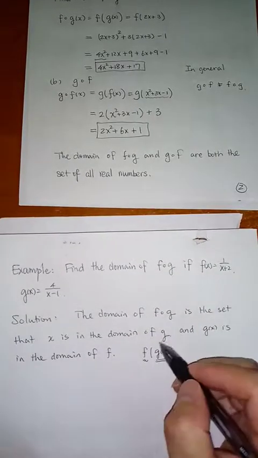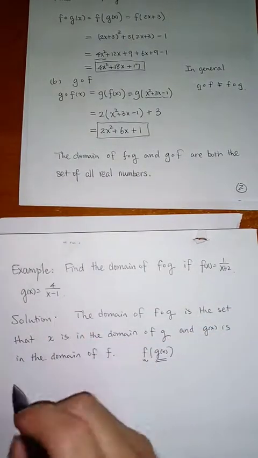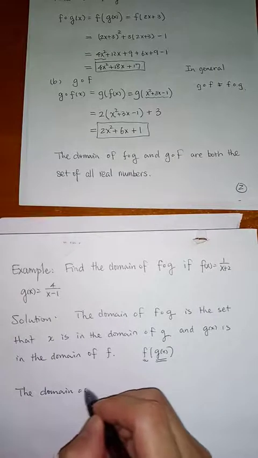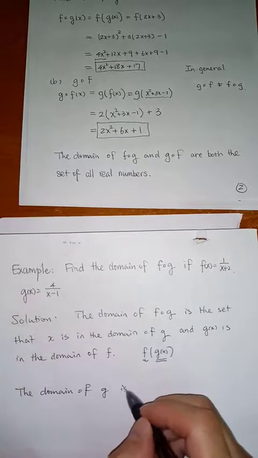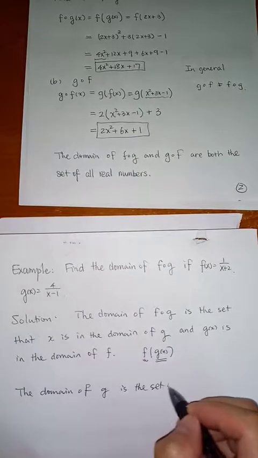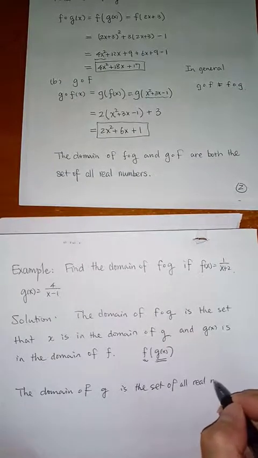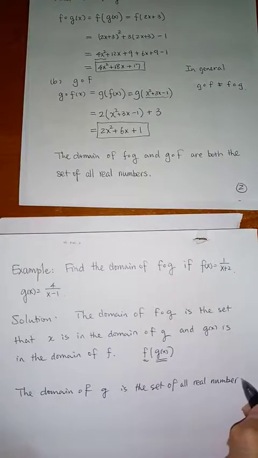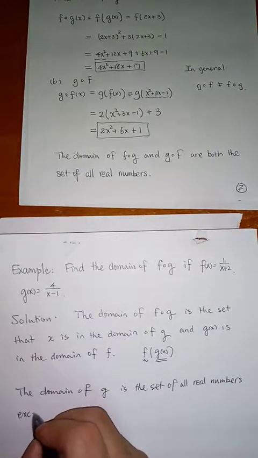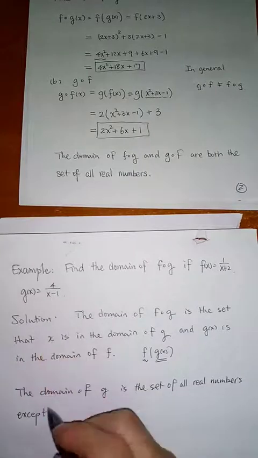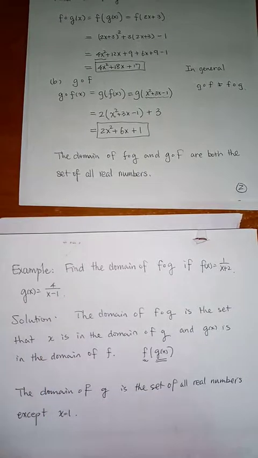Okay, now let's see. What is the domain of g? The domain of g is the set of all real numbers except x equal to 1. So x cannot be 1.